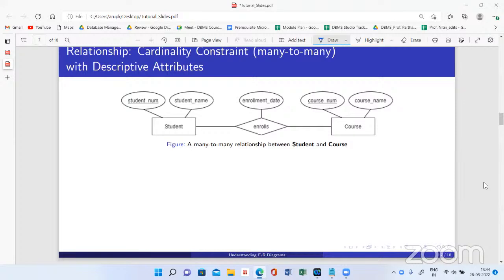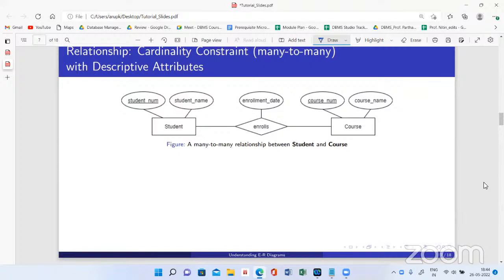Can you give another example of a similar situation where we need an attribute for your relationship set? Employee department, sir. Employee department, what should be the relationship attribute? Joining date maybe, right? When he has joined that particular department, right?